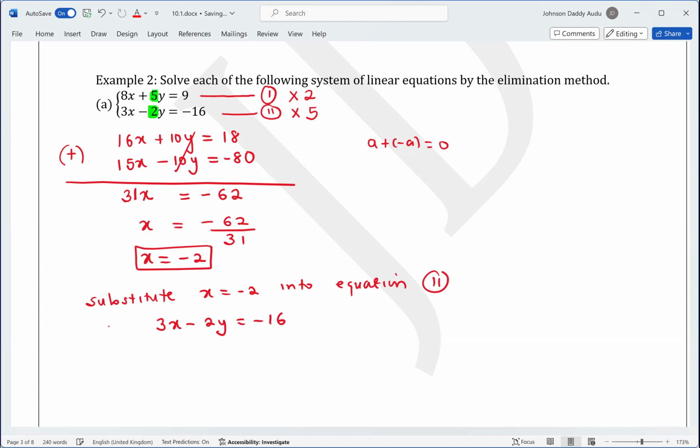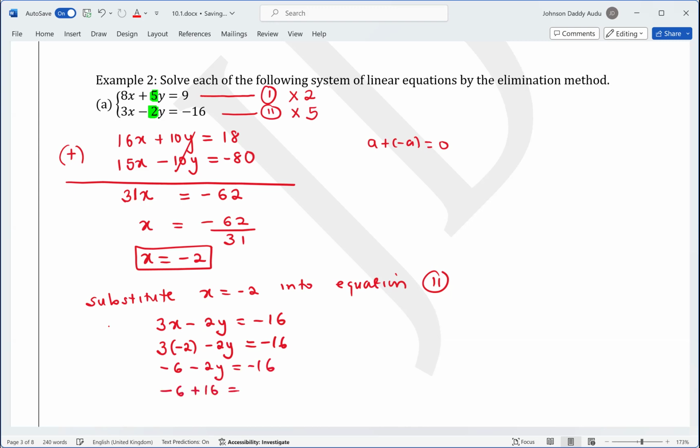So this will be 3 times minus 2 minus 2y equals minus 16. And then this will give us minus 6 minus 2y equals minus 16. So we have minus 6 plus 16 equals 2y.